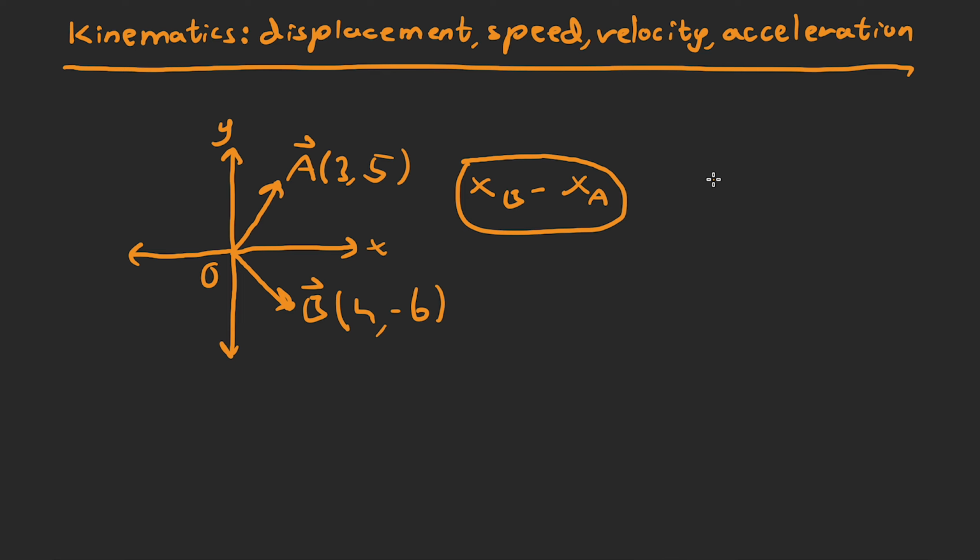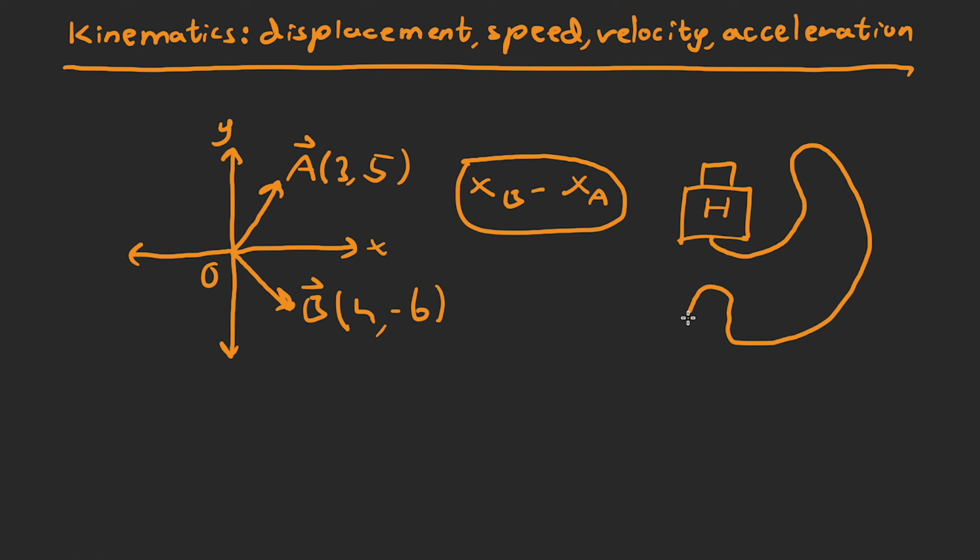A lot of people say that if you were born in the hospital in your hometown and you travel all around the world, but then have a heart attack, and you end up back at the same hospital, your displacement is 0 because you started your life at the same point and you ended it at the same point.